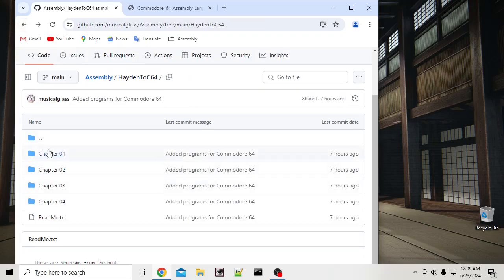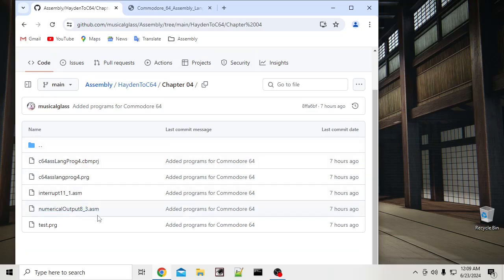And then I went pretty far, up to chapter 4 there, and so if anybody wants to go even deeper into the book than that, like I said, I'm translating from Hayden assembly to Commodore 64 assembly.